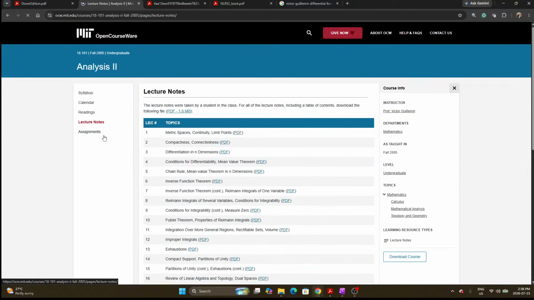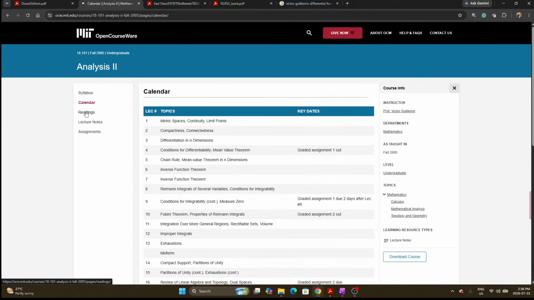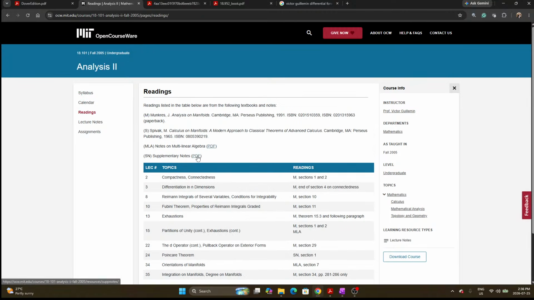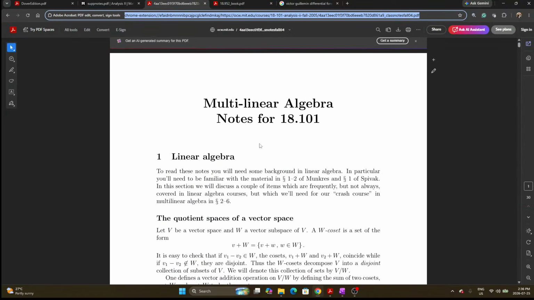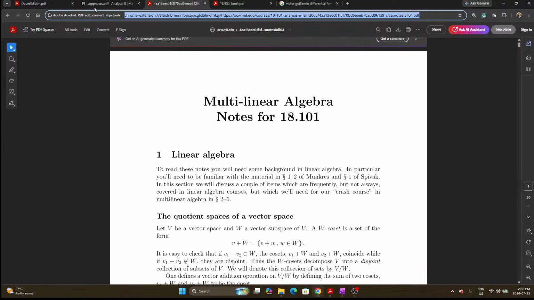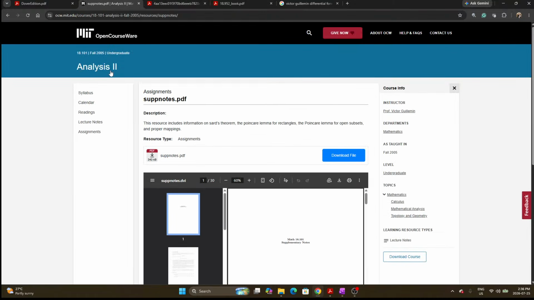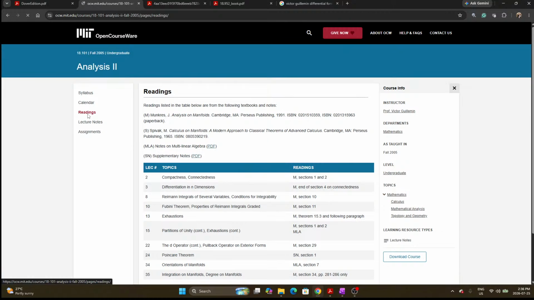So in particular, there is a nice set of supplementary notes which I open here on multilinear algebra. So go to MIT OCW Analysis 2, Reading, and Notes on Multilinear Algebra. Multilinear algebra is the modern name for tensor analysis or tensor algebra.